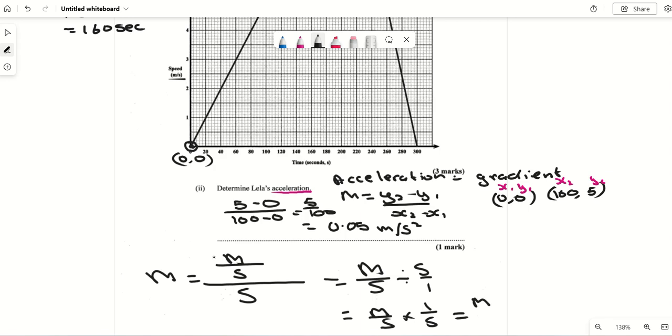That is meters over s times s, which is s squared. So that's how we get meters per second squared, and that is how you get your unit.